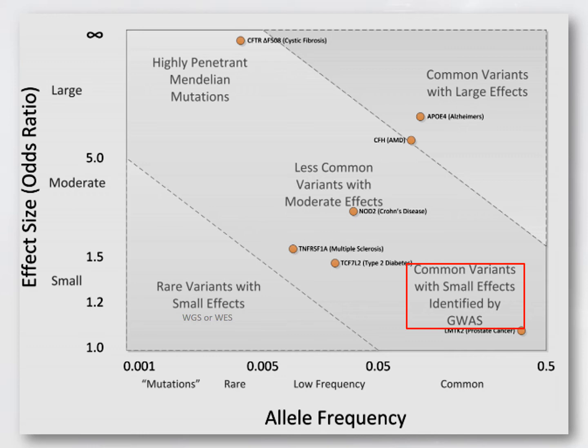Most genome-wide association studies study common variants, as you can see here, that have a low effect. Basically, they just slightly increase the risk of developing a certain disease. Common variants with a large effect can also be identified by GWAS. However, there are very few variants that have a strong impact. One of those is exemplified here by ApoE4, which is responsible for increasing the risk for Alzheimer's disease.